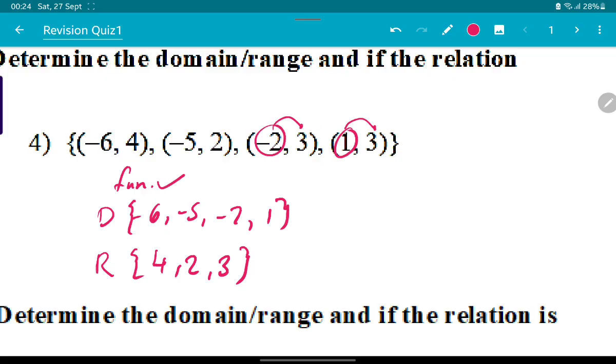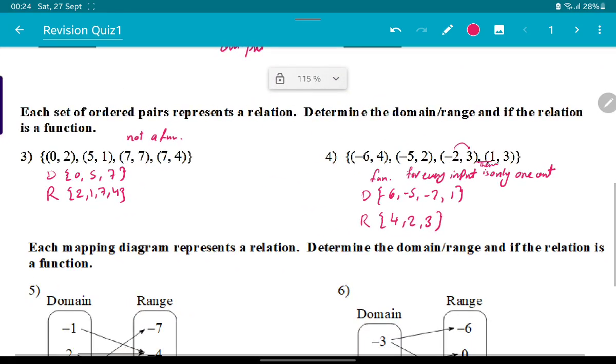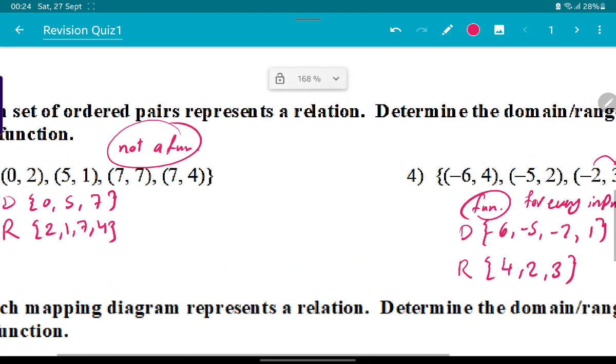It's okay, so it's a function because for every input there is only one output. So in ordered pairs we have two cases, one not function, the second one is function. You see the difference between them.